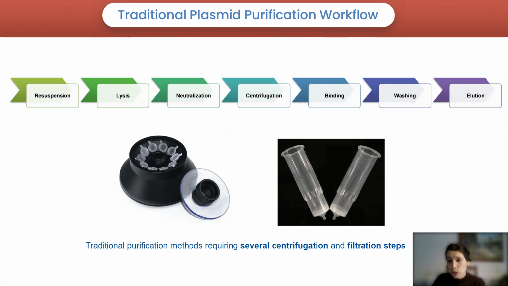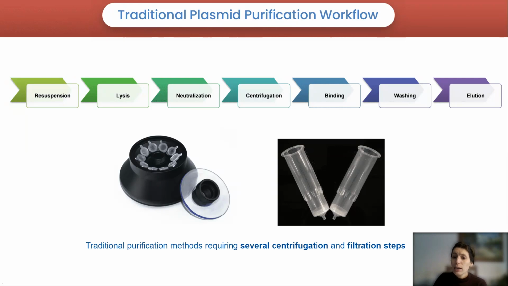Before I go into the GenScript solution, I did want to briefly touch on the actual plasmid purification workflow. Of course, it starts with growing your culture offline. Typically, you're using different methods or different media.